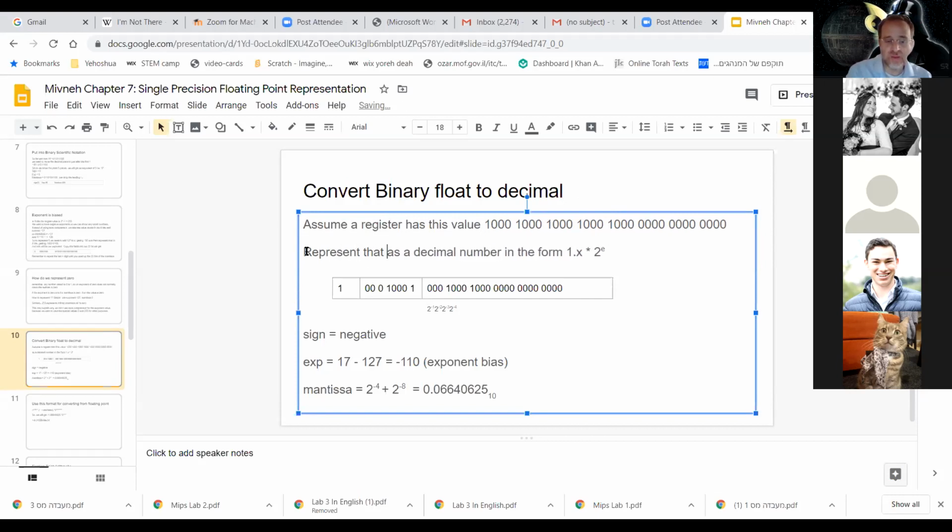Represent that value. Okay. So a register has this value. What is it? Figure it out.